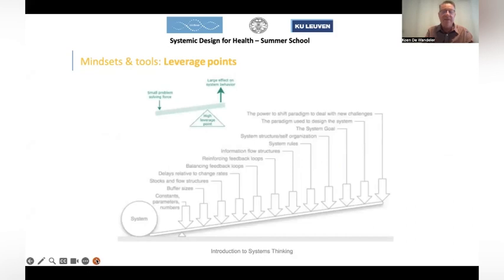A last element that we have to take into consideration are the leverage points. So the reason for analyzing and mapping a system is basically that by identifying stocks and flows, and by identifying reinforcing and balancing feedback loops, we'll try to identify leverage points.